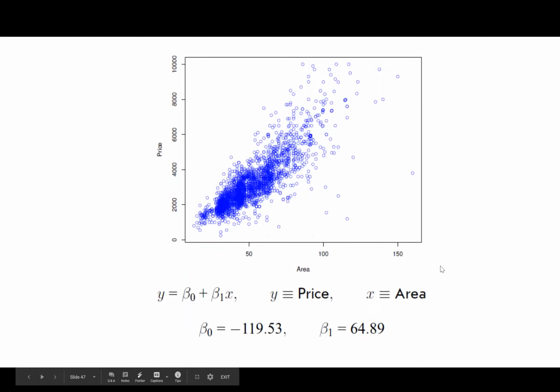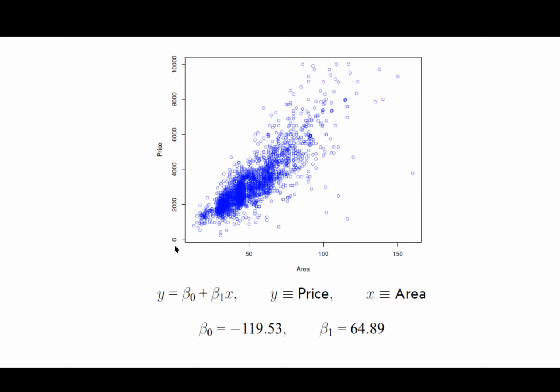For our example, we can approximate the price of a flat in Nizhny Novgorod, given only the area. For example, we want to approximate y given x. We want to find b0 and b1, where y is price and x is area.